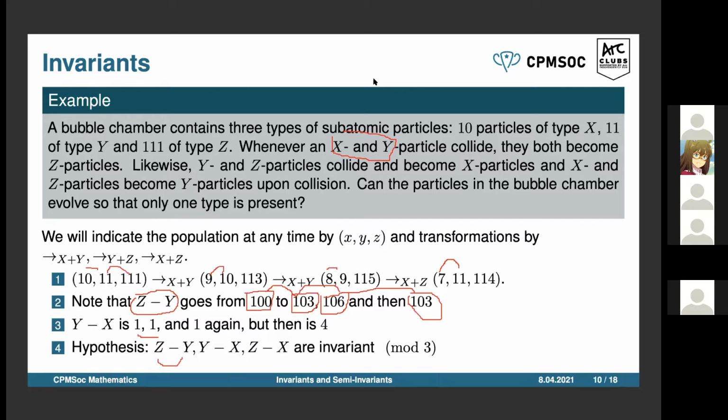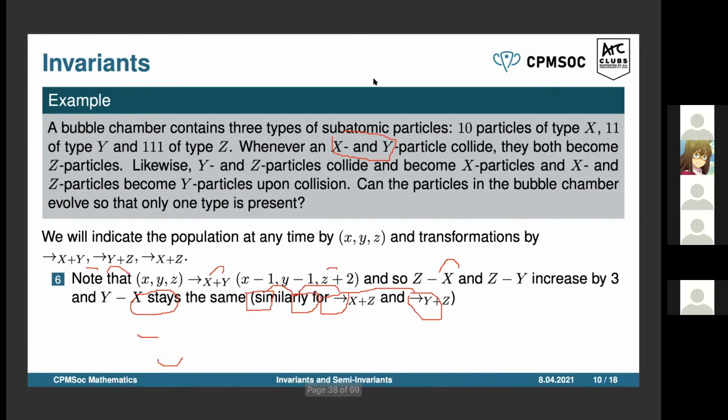You can also do more combinations of x, y, and z collisions, and if you get more and more data, you can make your hypothesis stronger, or your confidence that the hypothesis is correct. So be more confident if you do more test cases. Okay, so we can go to the next dot point.